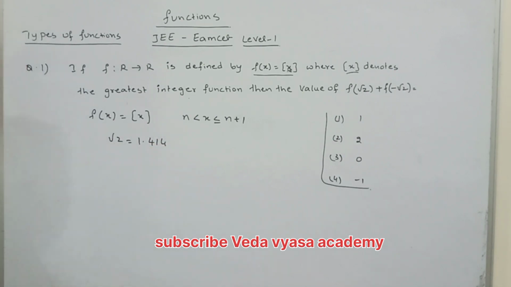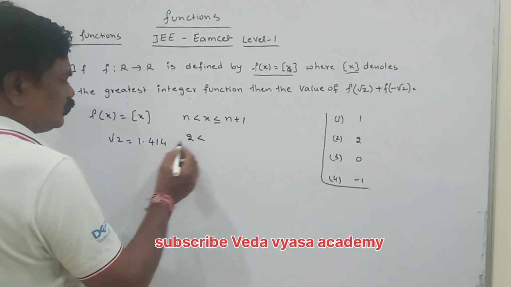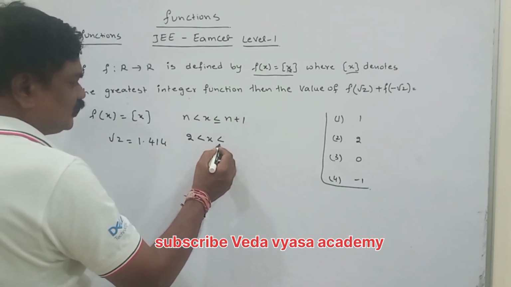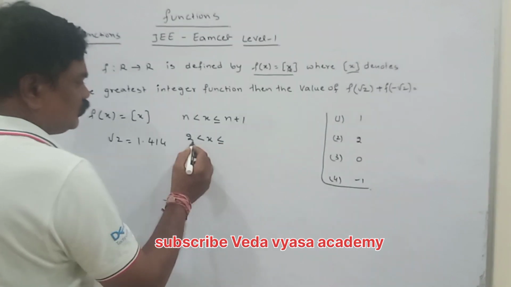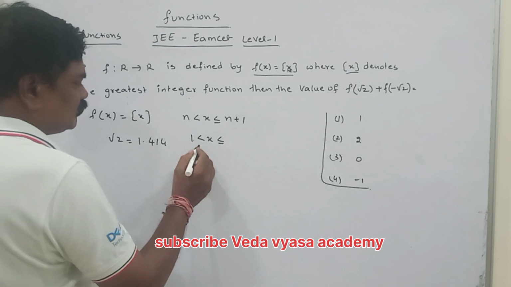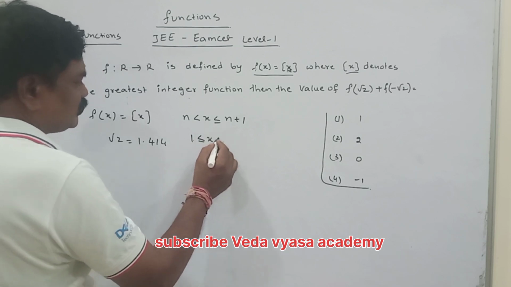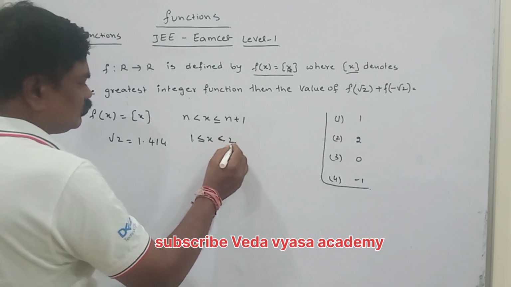Root 2 value is 1.414. So we have 1 less than or equal to x less than 2.